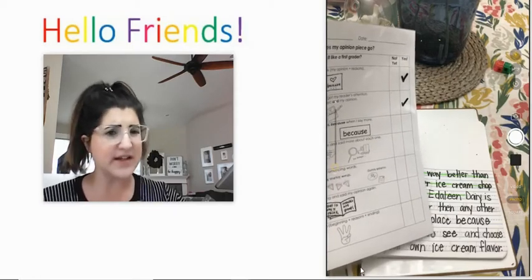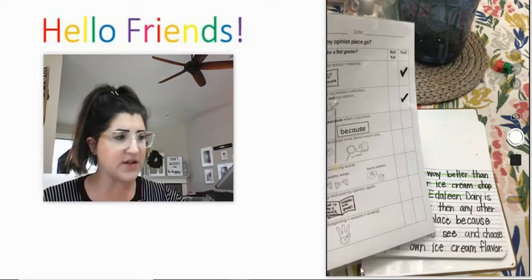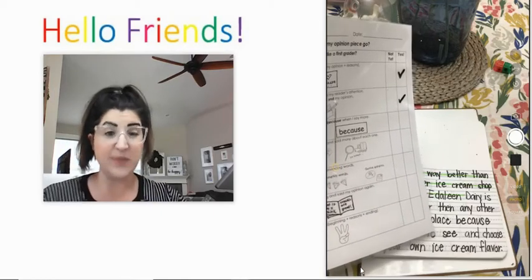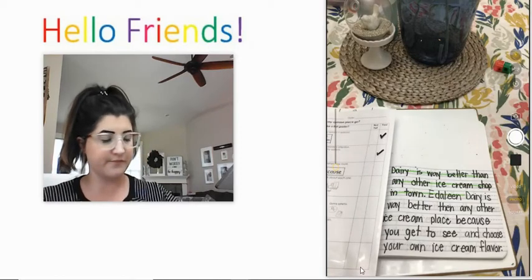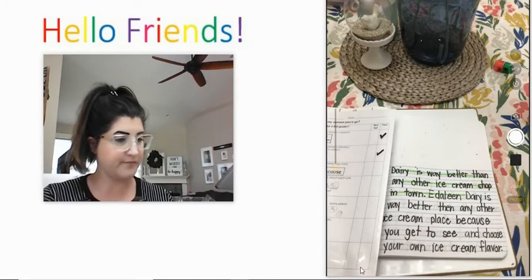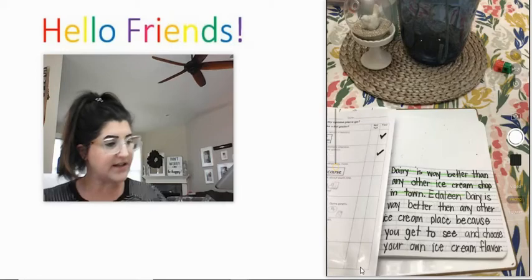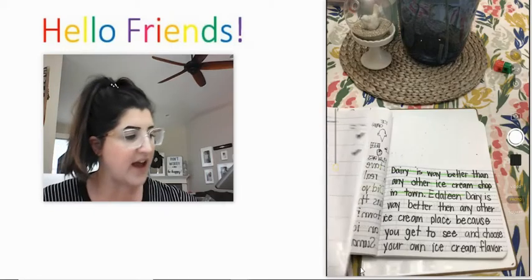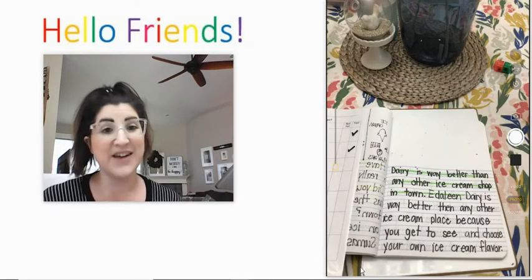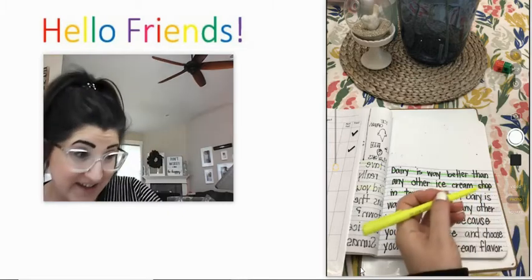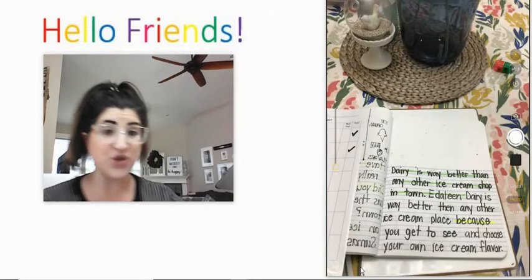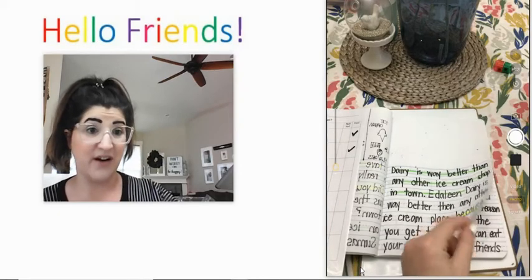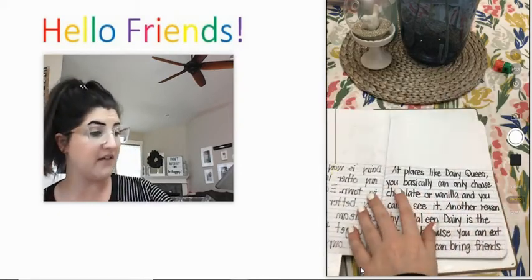So I'm looking to see if I have reasons with transition words like because and. Edaline Dairy is way better than any other ice cream place because you get to see and choose your own ice cream flavor.